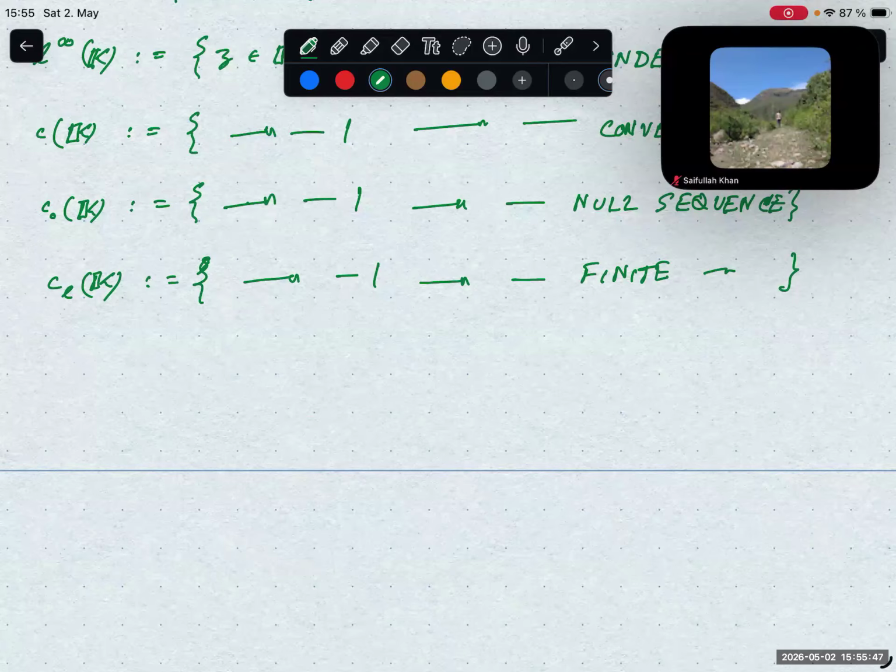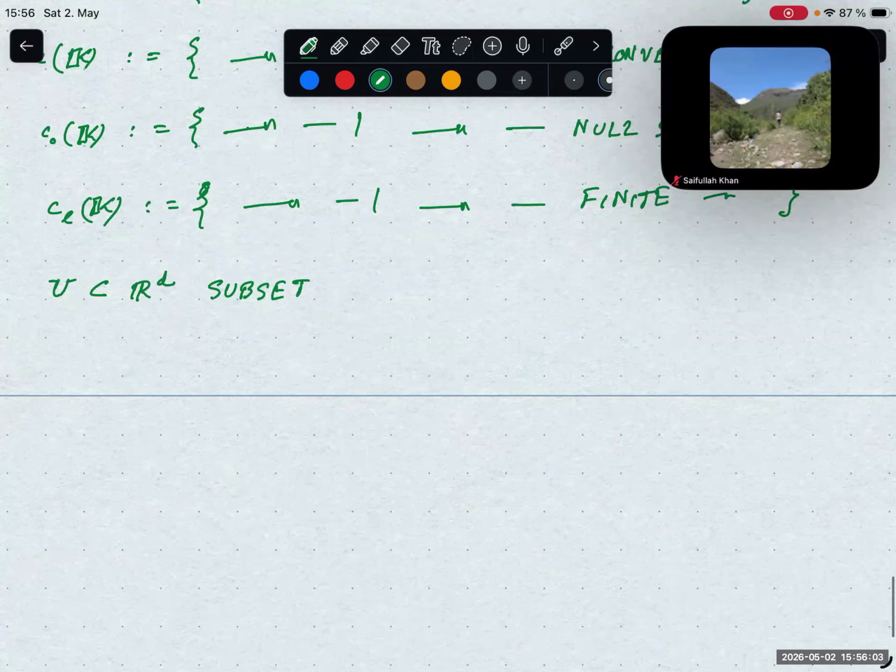So let U be a subset in R^D. By subset, unless I tell otherwise, this is an open subset.